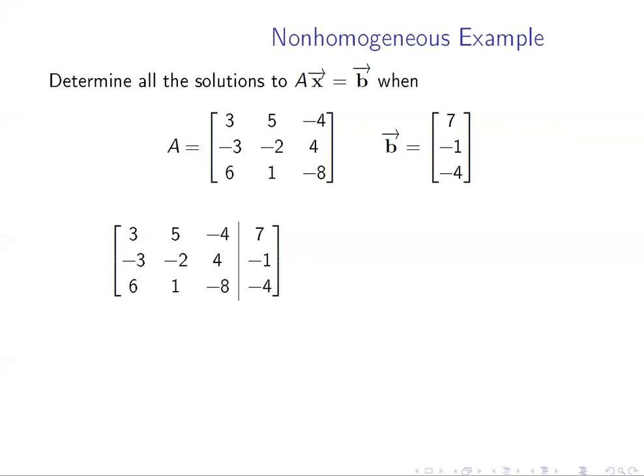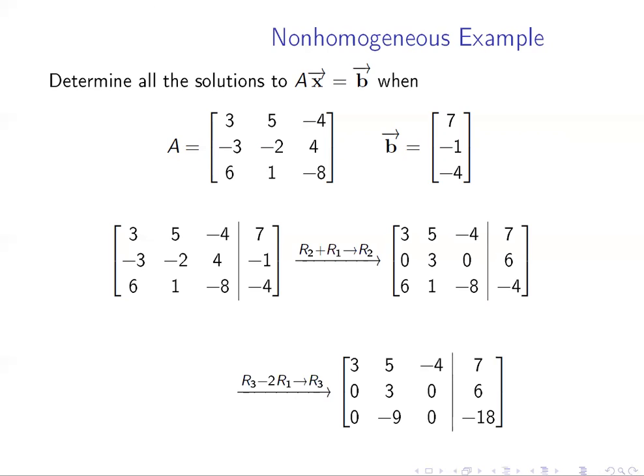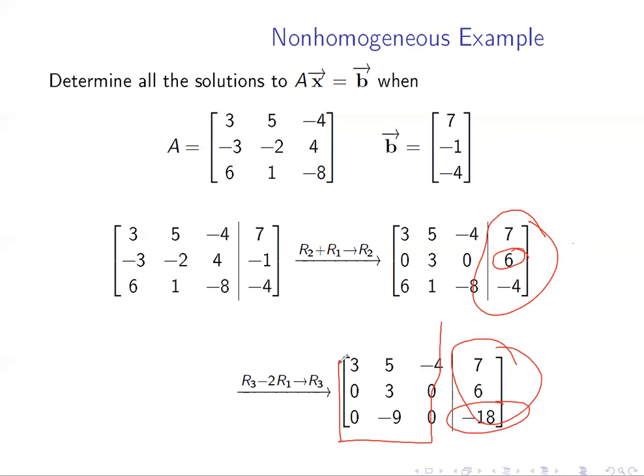All right, so if you did that, you go through the same steps. Notice it's the exact same steps as we did before. The only thing that's different is now we have different values in this column. So now we're just messing around with this column.